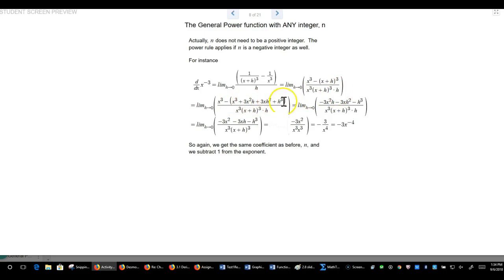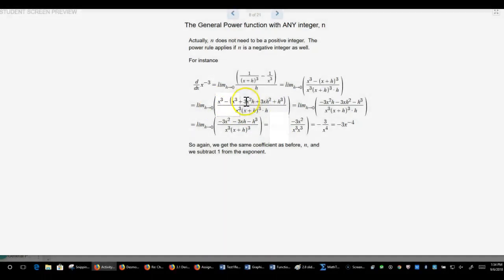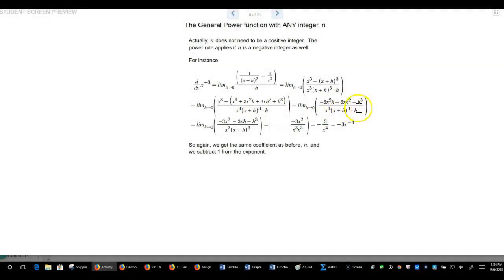We expand it. Notice that the x cubes canceled, and all that we're left with, once we take that limit as h goes to 0, is just minus 3x squared in the numerator.